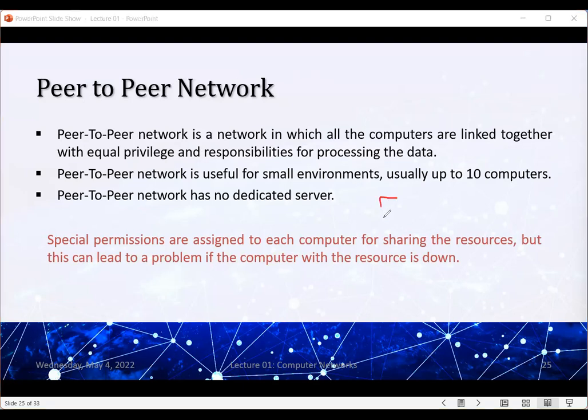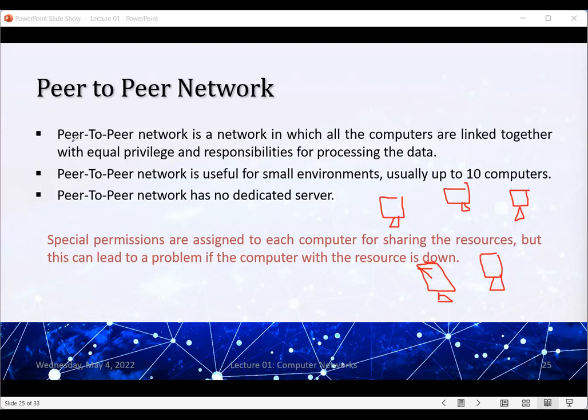Now let's say we have five. I'm drawing actually incorrect diagram, right? Incorrect means this type of diagram actually you cannot implement in the real-time environment. That's why I say it as incorrect.